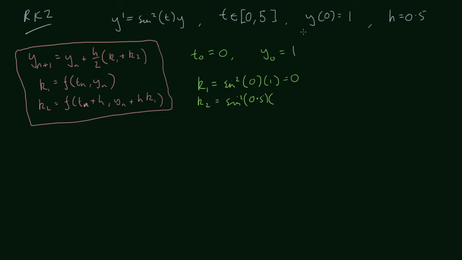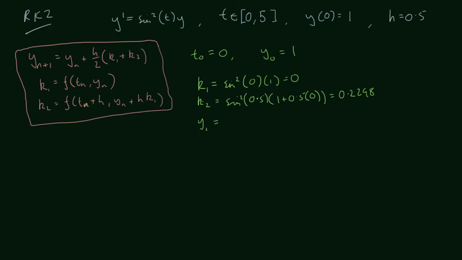So y_n is y0, which is 1, so it's 1 plus h, which is 0.5, times k1. Now k1 just happened to be 0 in this case. So if we do those sums, we get 0.2298. Obviously I've done this before, I haven't just calculated that in my head, in case you're wondering.